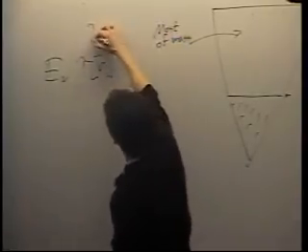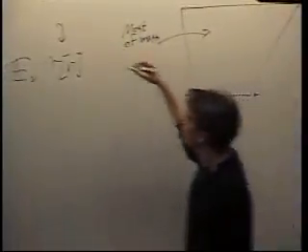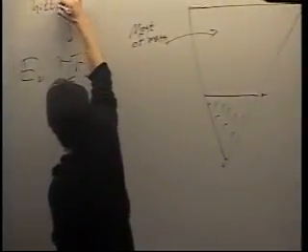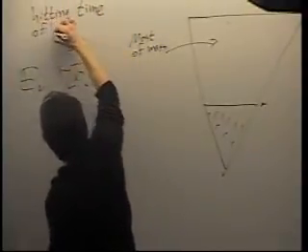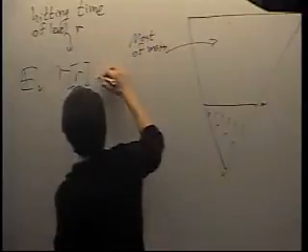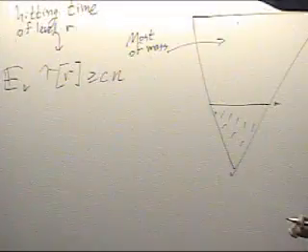Tau r is going to be the hitting time of level r. It suffices to show that this is bigger than some constant times n.